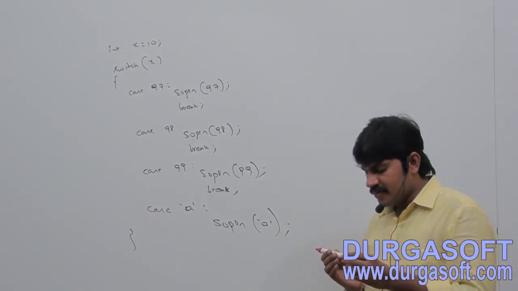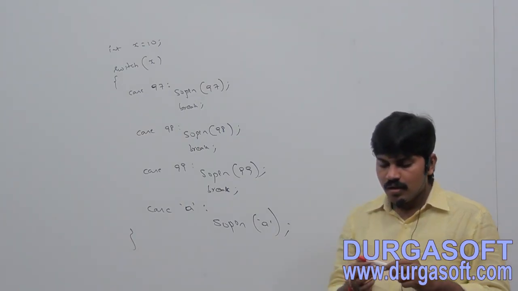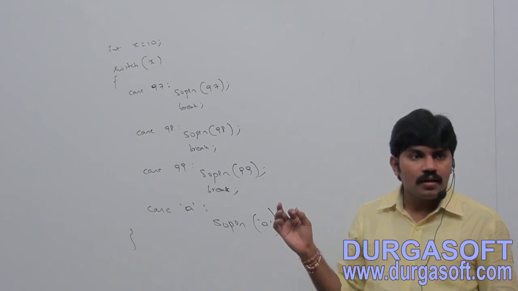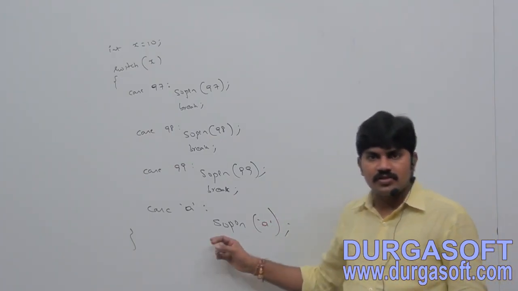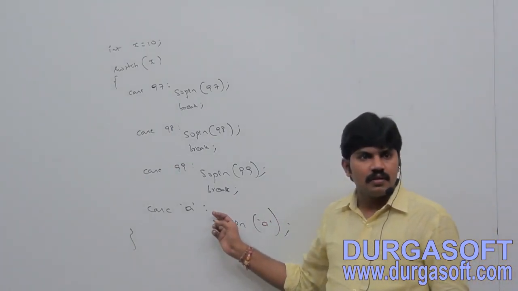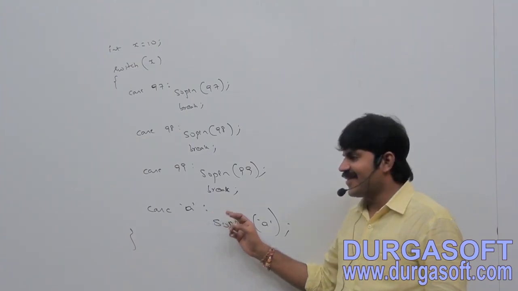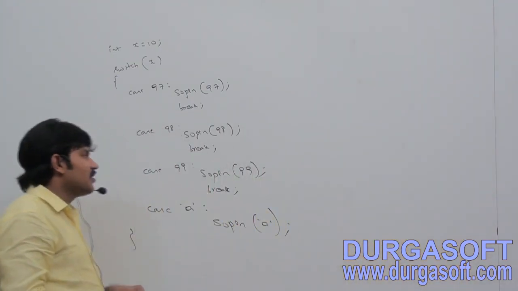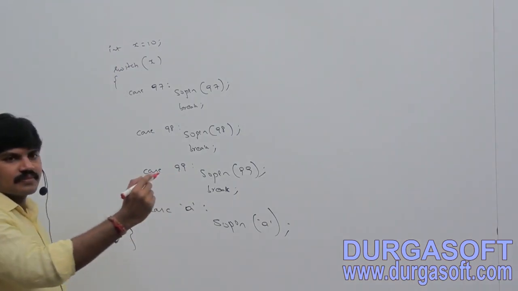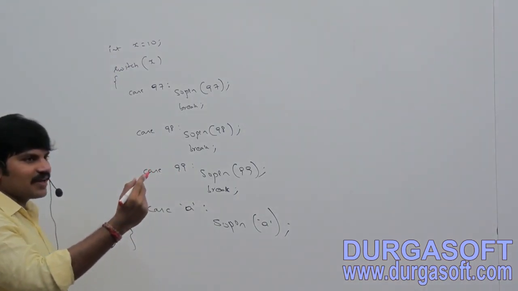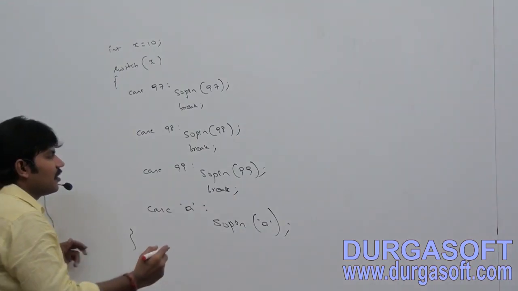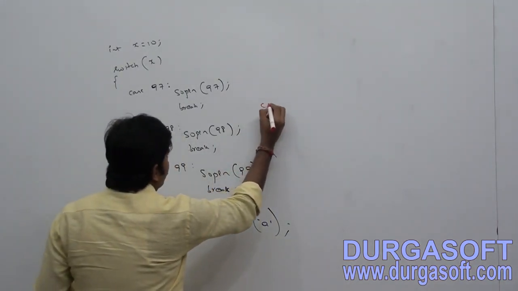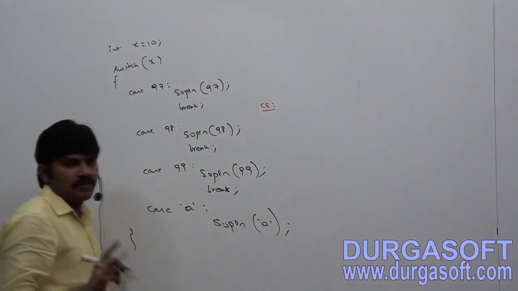How many people are feeling it is valid? Okay, valid or invalid? Make sure, it is invalid. Compile-time error by default you are going to get. What is the reason?